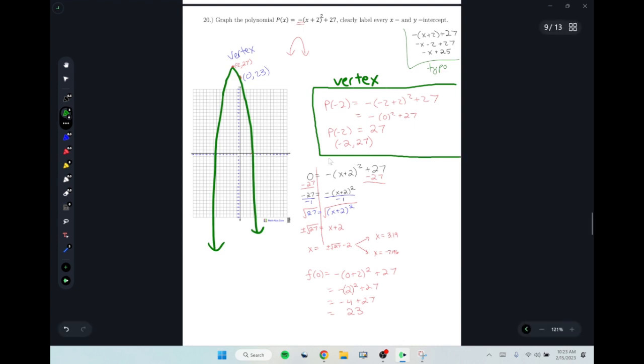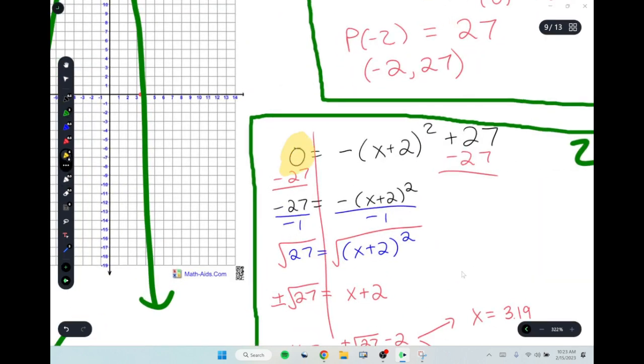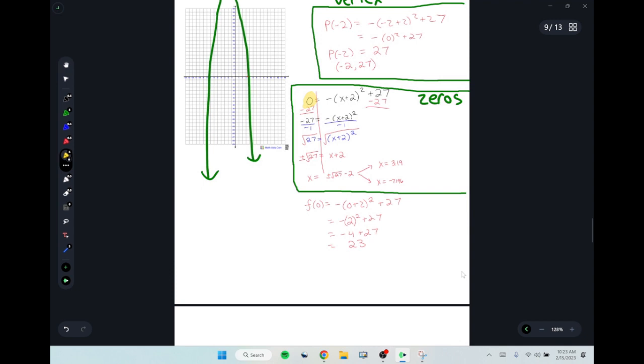Good call. Then under that, all of that math was to solve for the x-intercept. This was to solve for zeros, which is the reason we knew they were zeros. That's the whole point of a zero. And then the last one was to solve for the y-intercept.